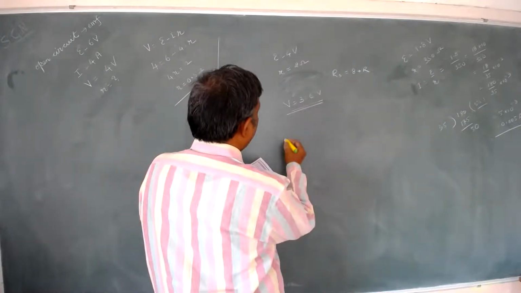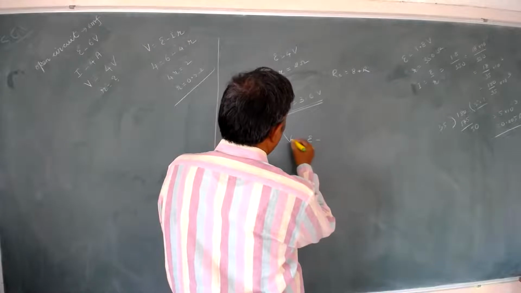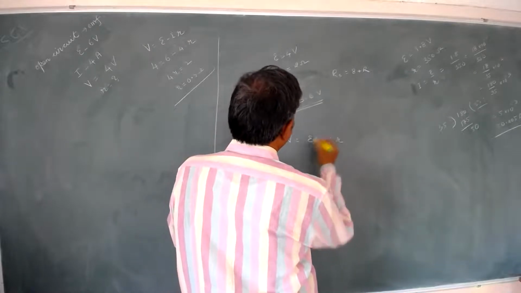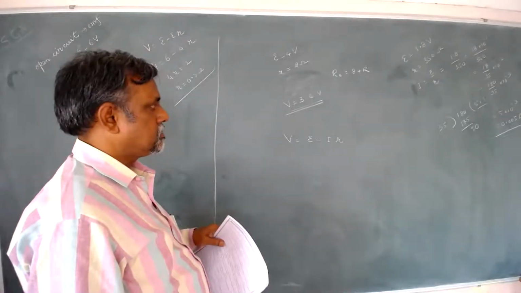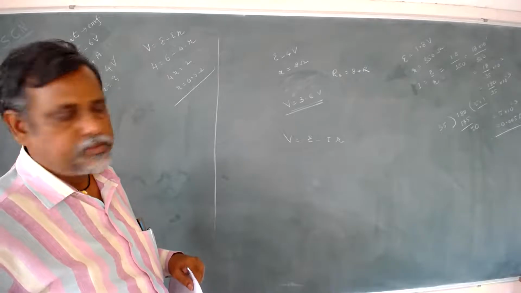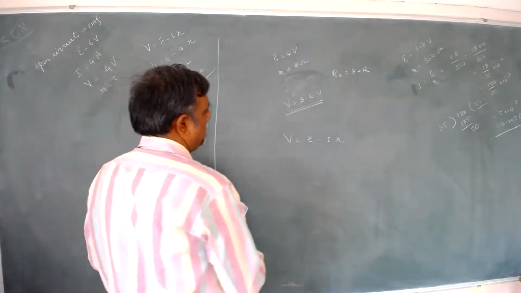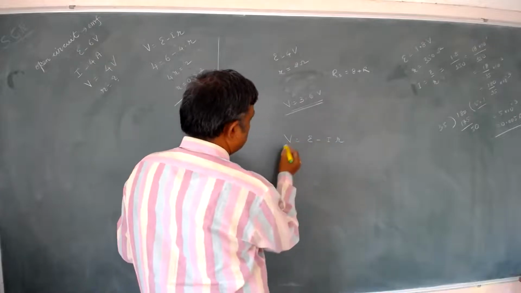Now V is epsilon minus I into r. So the r value is already defined.